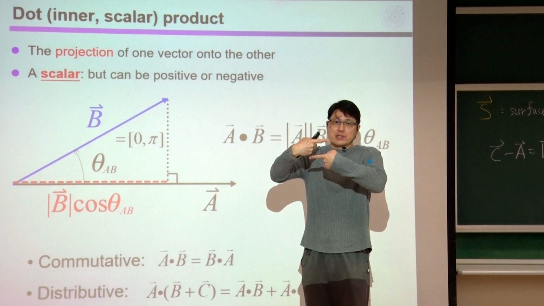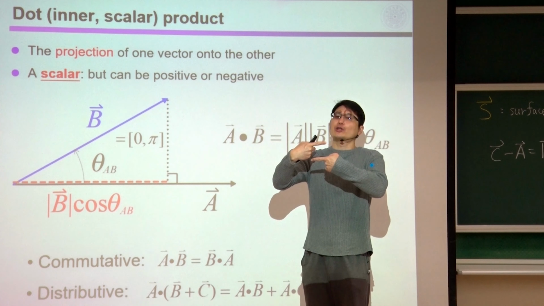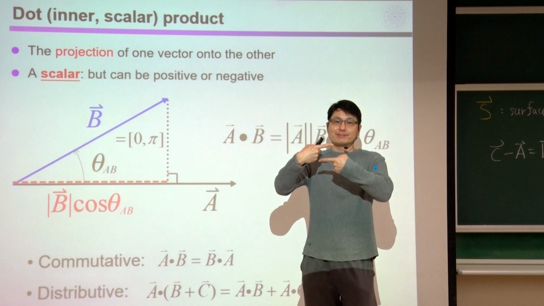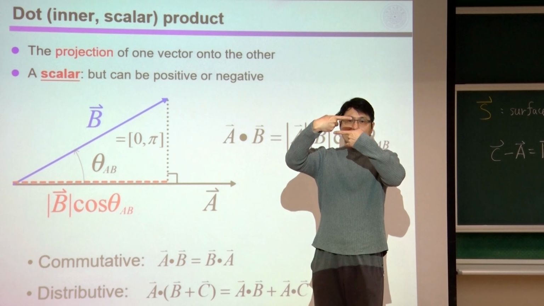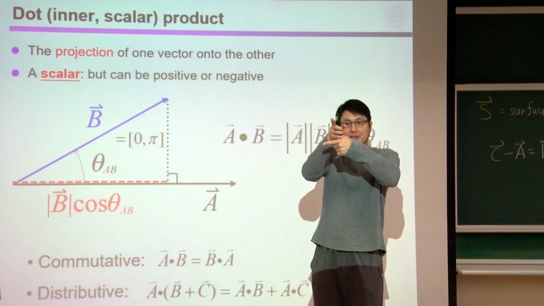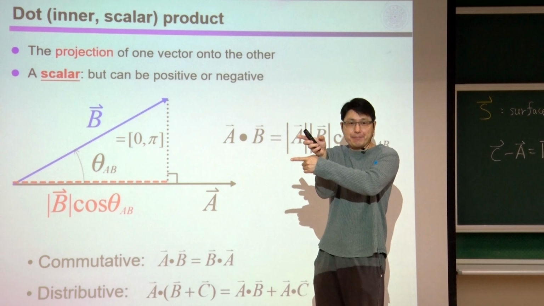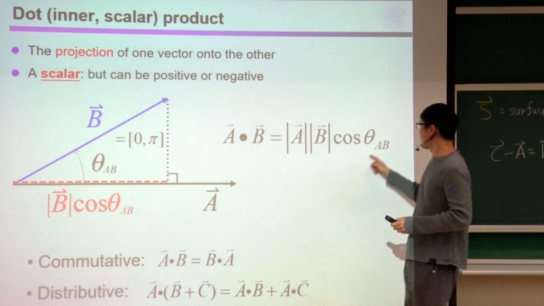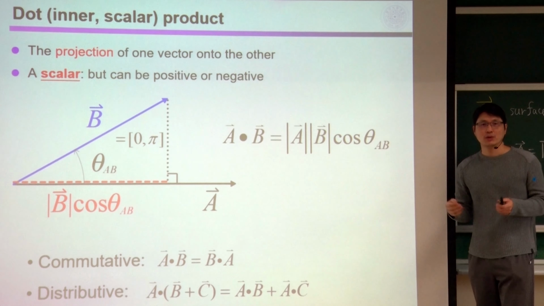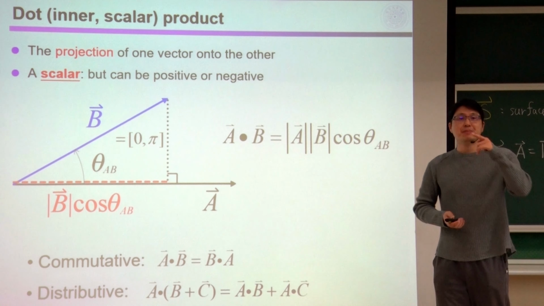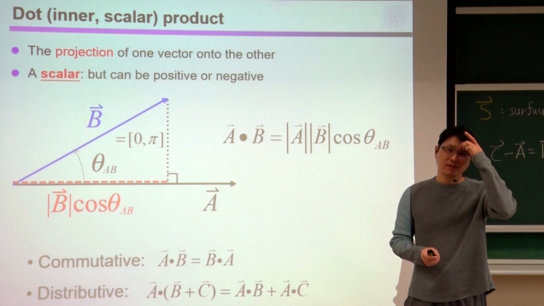Okay. So if you want to minimize it, how do you minimize the projection? They're parallel, but they're rotated by 180 degrees, so they are anti-parallel. Okay? So theta AB is pi, 180 degrees, so you minimize the projection.